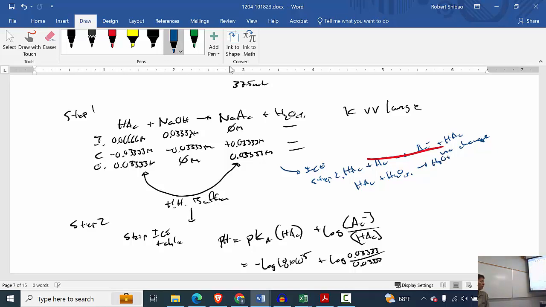This will form hydronium and acetate. Or you would have picked acetate as being the strongest base, and the next strongest acid after acetic acid would be H2O. And what would this form? HAc and hydroxide.